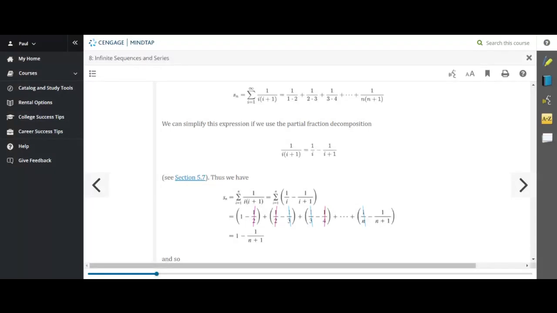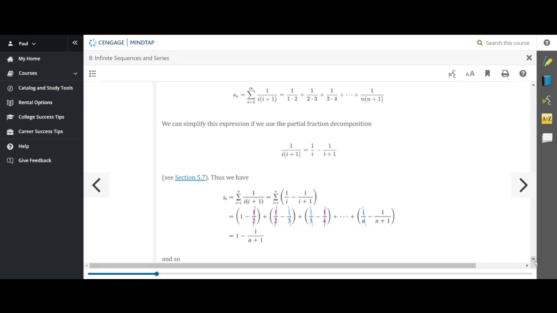Well, so what happens as n goes to infinity to the nth partial sum, the s sub n? The nth partial sum is 1 minus 1 over n plus 1. As n goes to infinity, what does the nth partial sum converge to? Converges to 1. That's right. And so, that's right, Nathan.